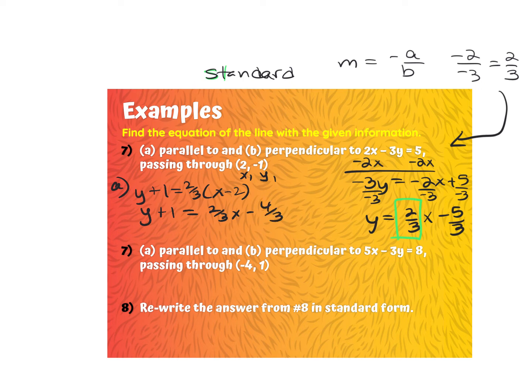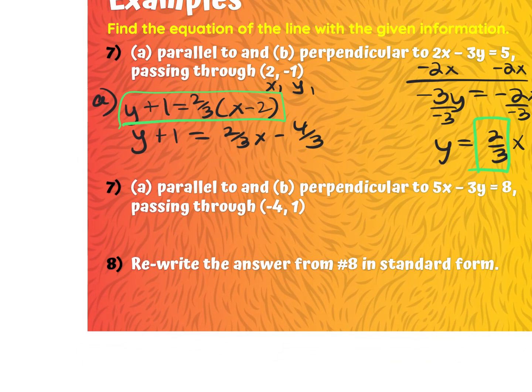Now, if it would have said point slope, this would have been your answer. However, WebAssign wants everything in slope-intercept form. So what we need to do now is subtract the 1. And then once I do that, I'm going to get y is equal to 2/3 x minus 7/3.